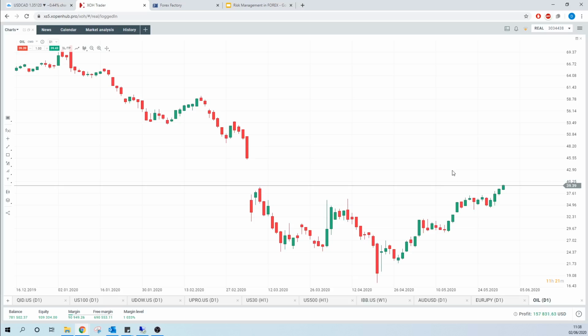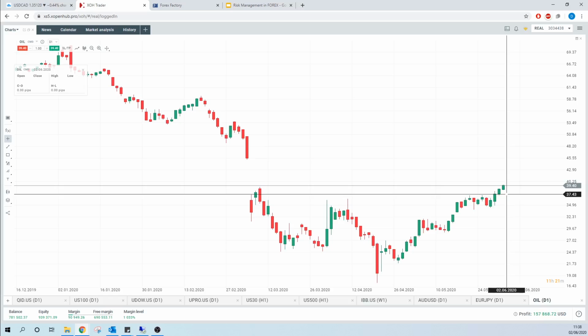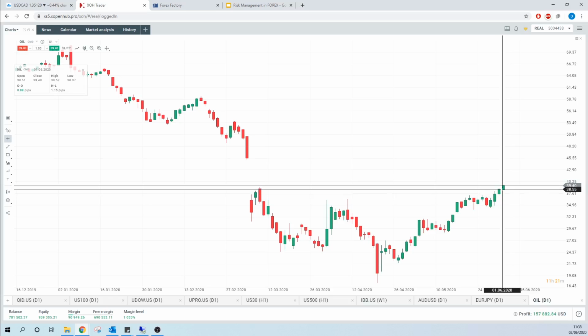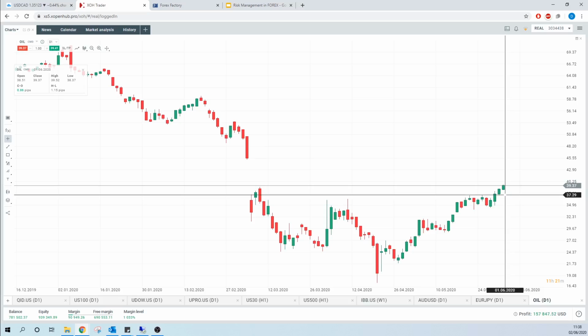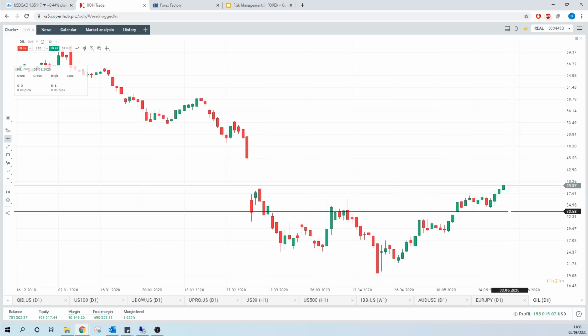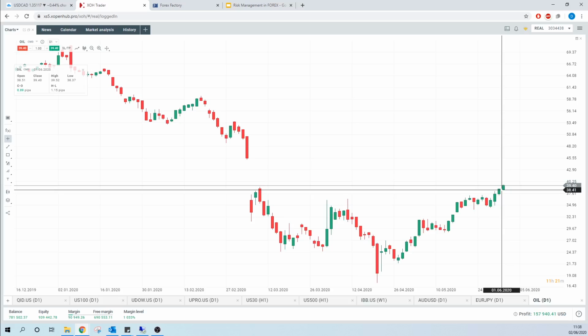I will make it, for instance, just a 1 day time frame. Let's just check. I'm using my mouse wheel and checking the volatility during the day. So the approximate volatility, if I'm just having a look here, is between the minimum price and the maximum.